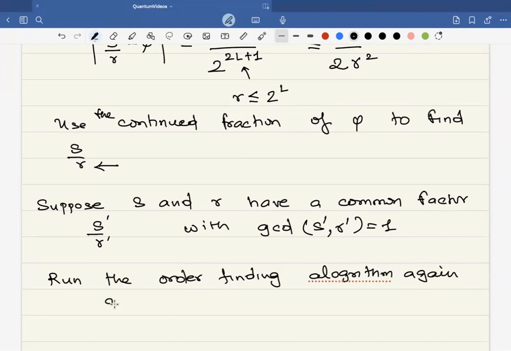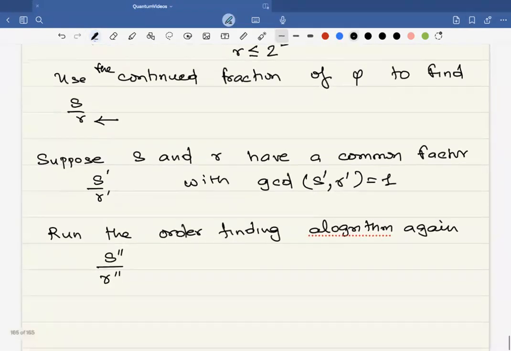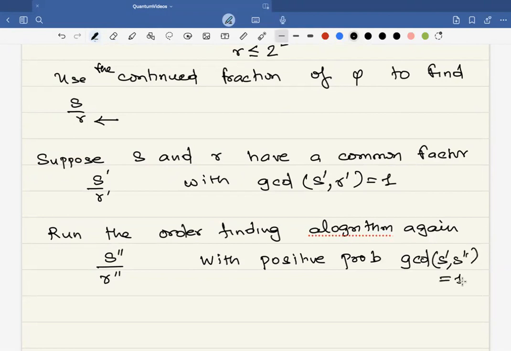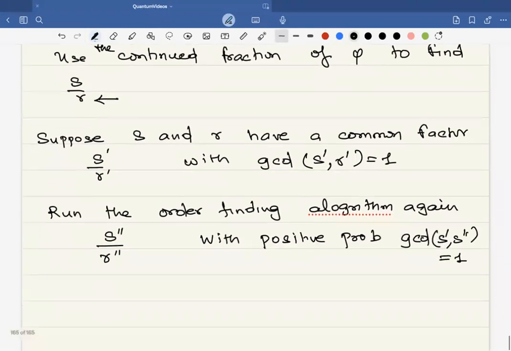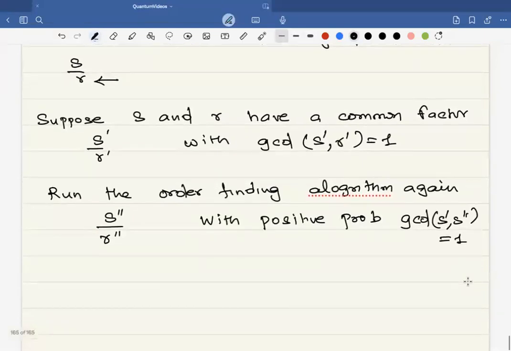And then we'll get maybe S double prime over R double prime. And then one can show that with positive probability, we have GCD of S prime and S double prime equal to 1. One can show that this happens with a positive probability.